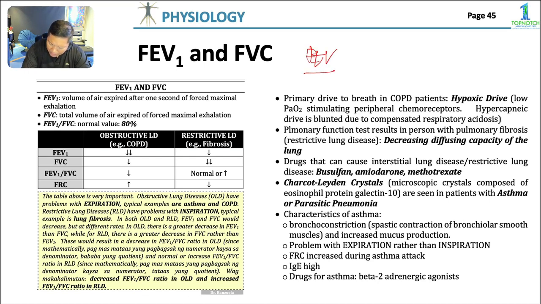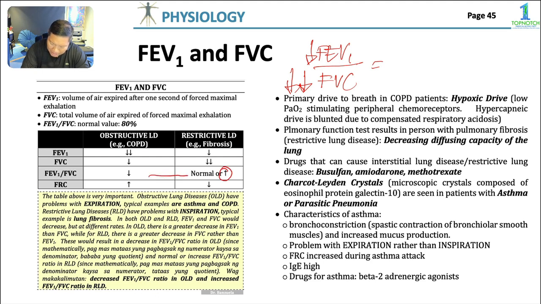Mathematically, if I have here a ratio, FEV1, FVC, if both of them will decrease, pero mas malaki ang pagbaba ng numerator ko, ng FEV1, my quotient will decrease. Okay? Now, if I have, again, a ratio between FEV1, FVC, numerator, denominator, pag parehas bumaba ang FEV1, FVC, pero mas malaki ang pagbagsak ng FVC, if I get the quotient, okay, mathematically, tataas yan.